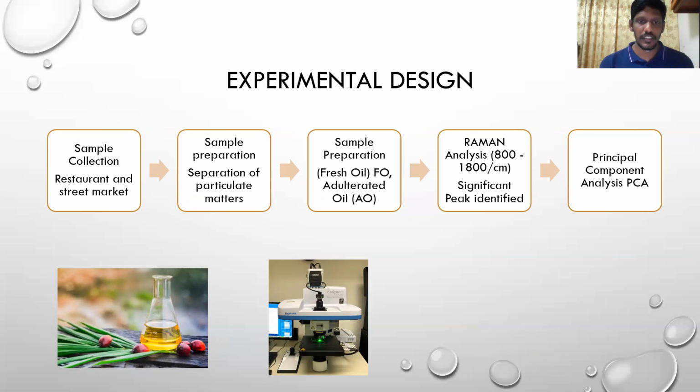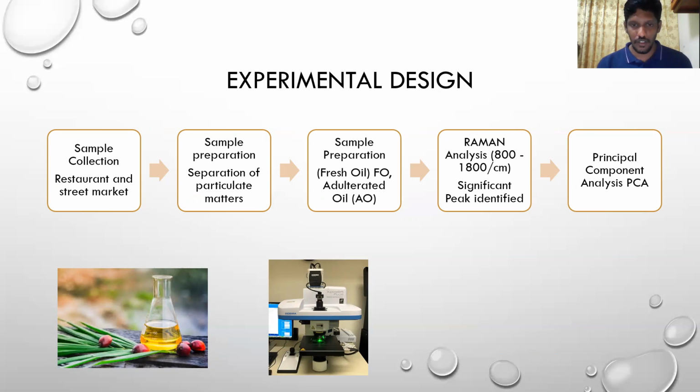Next is the sample preparation. A simple filtration will do due to the presence of residual flour and chicken bones, so we need to remove that. Then sample preparation, fresh oil: we prepare a few sets of fresh oil samples.